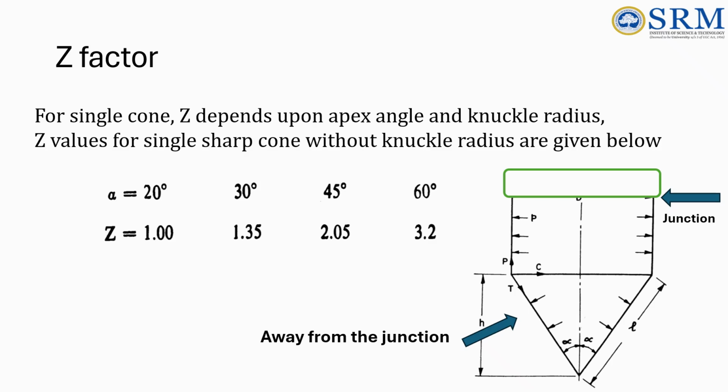So this alpha is decided based on the transition which is required in the pressure vessels. The Z value is accounted in the problem and it measures 1.35 for 30 degrees. So as we can see, the stresses are involved in the conical head. We need to calculate the thickness at the junction where the head and the shell meet, and also at a certain distance away from the junction.